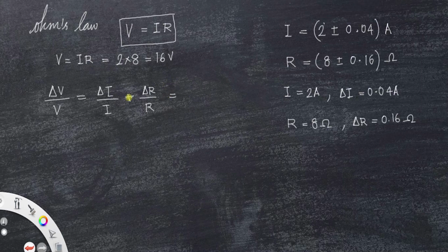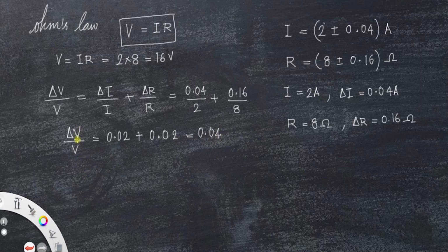So substituting, you get 0.04 divided by 2 plus 0.16 divided by 8. So delta V by V will be equal to 0.02 plus 0.02, which is equal to 0.04.